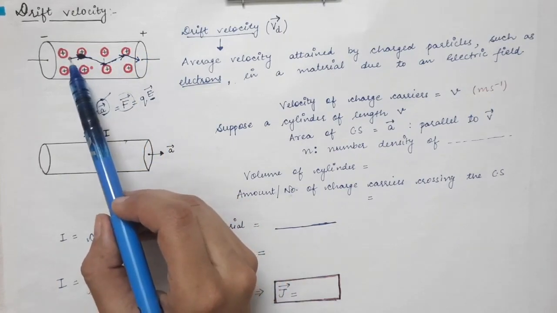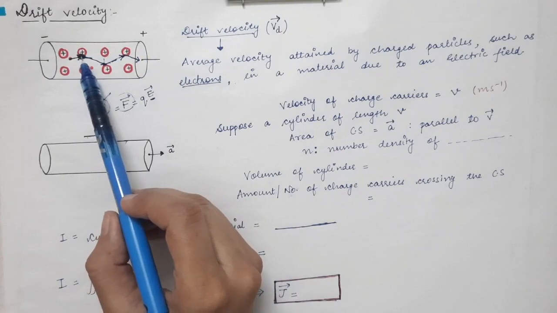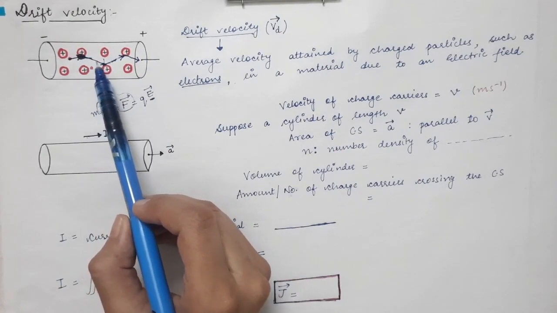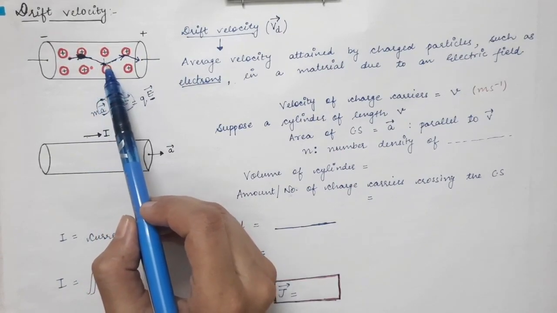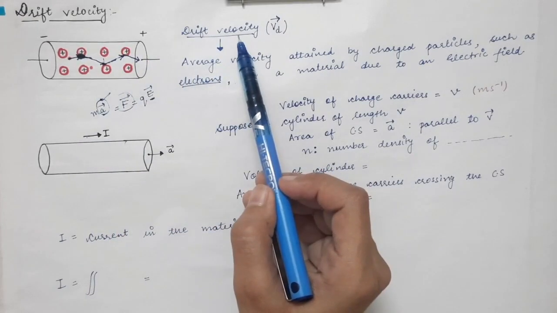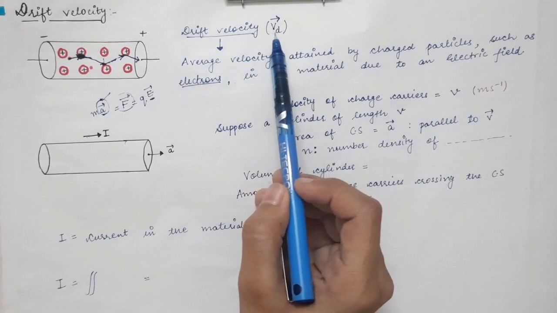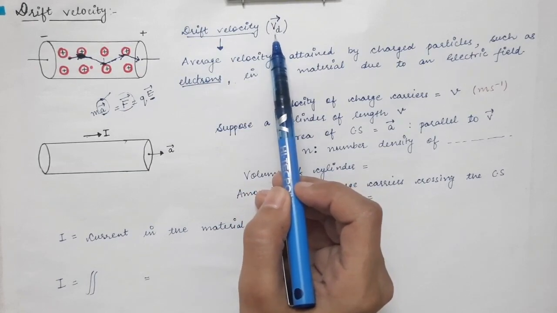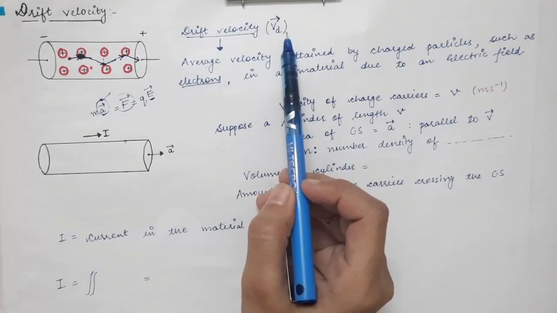So you can see that the velocity of the electron is first increasing, then going to zero, then again increasing, then again going to zero, then again increasing, then going to zero. So what is this drift velocity? We give a particular value to the drift velocity.